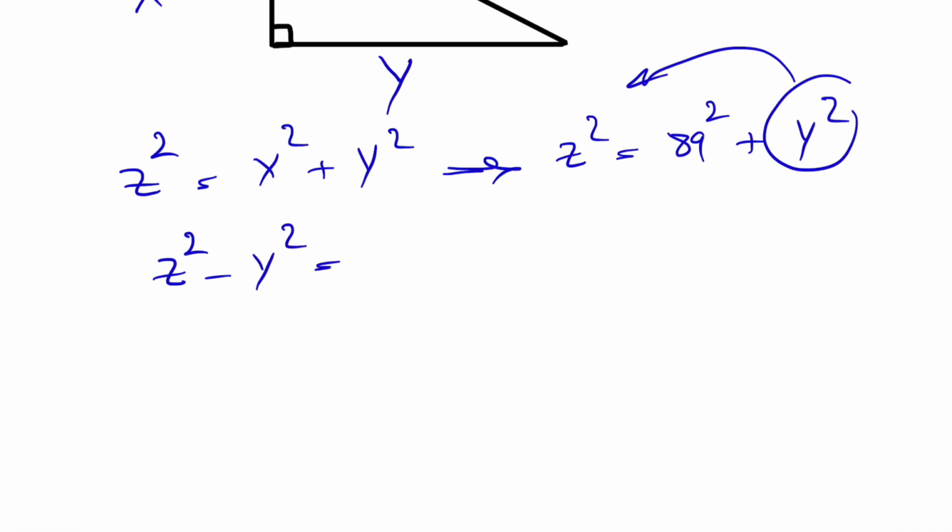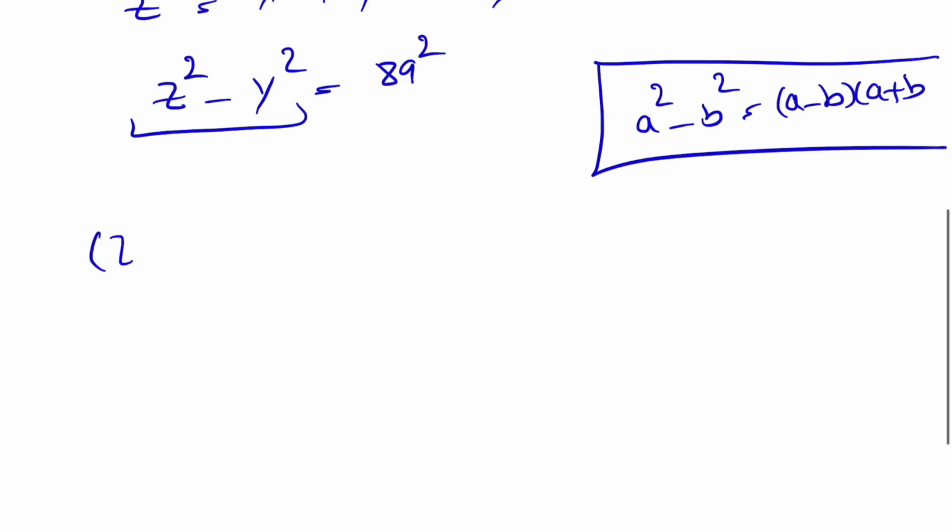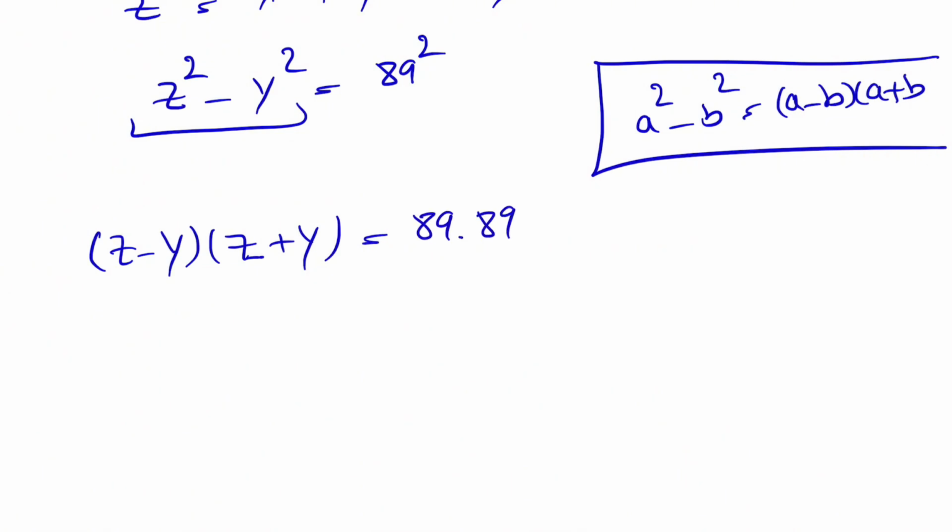Y squared is equal to 89 squared, and if we look at the left side we see we have the difference of two squares, which will be a minus b times a plus b. So let's do that. We'll have z minus y times z plus y is equal to 89 squared, which is 89 times 89. Let's figure out the value of 89 times 89.